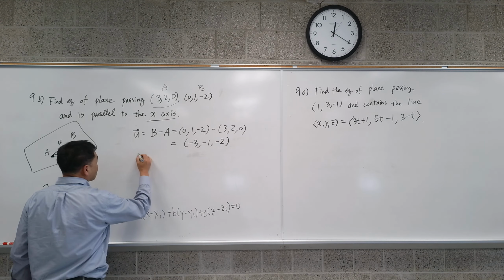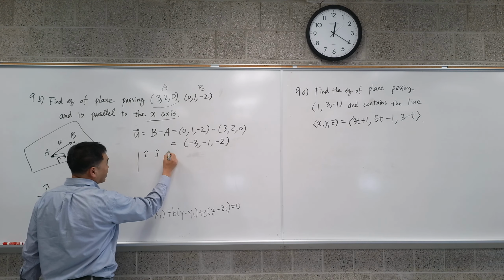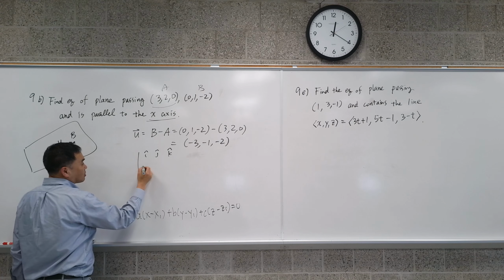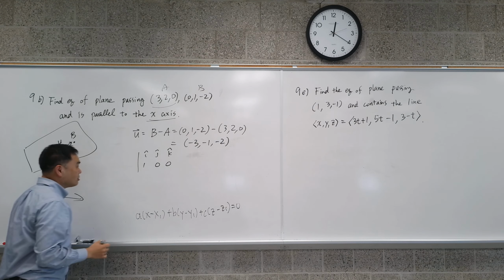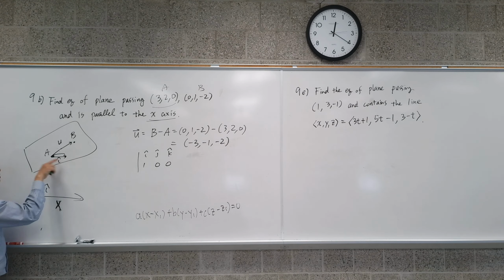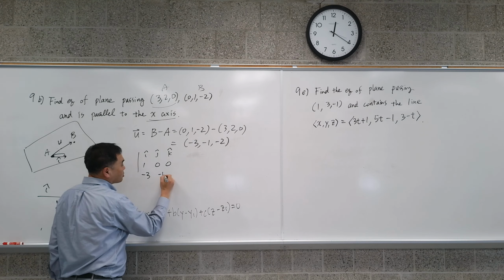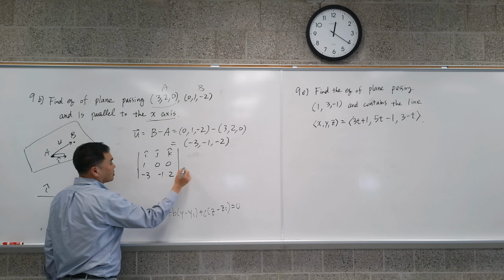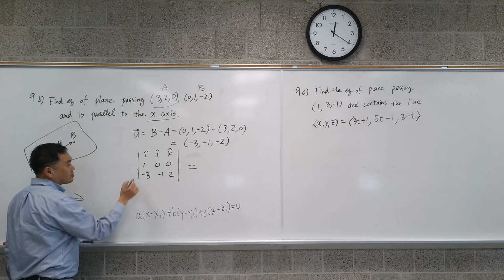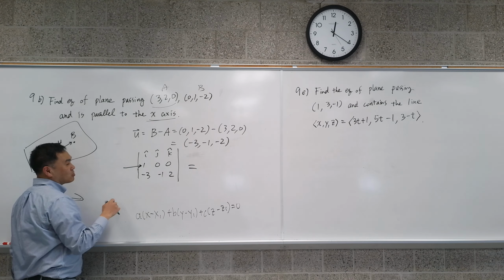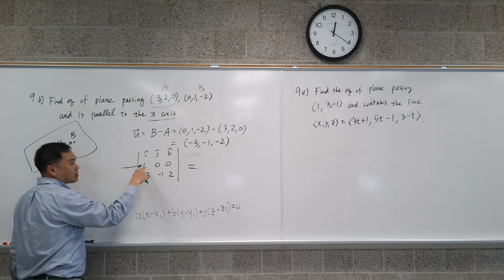So here's what I'm going to do. I'm going to put i, j, k, and then (1, 0, 0) is this vector, and the other vector is (-3, -1, -2). In this case, I think it's better to expand along the second row because I have 0 and 0.